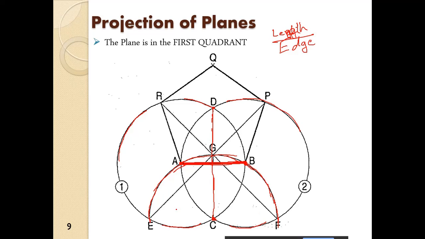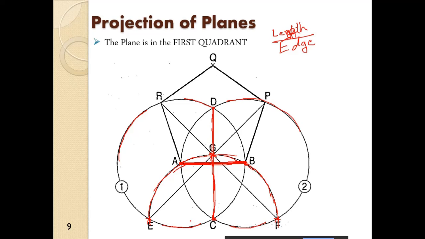Once you draw this arc, you get the point E and you get the point F. Okay. And with the bisector of the line AB, you get the point G.